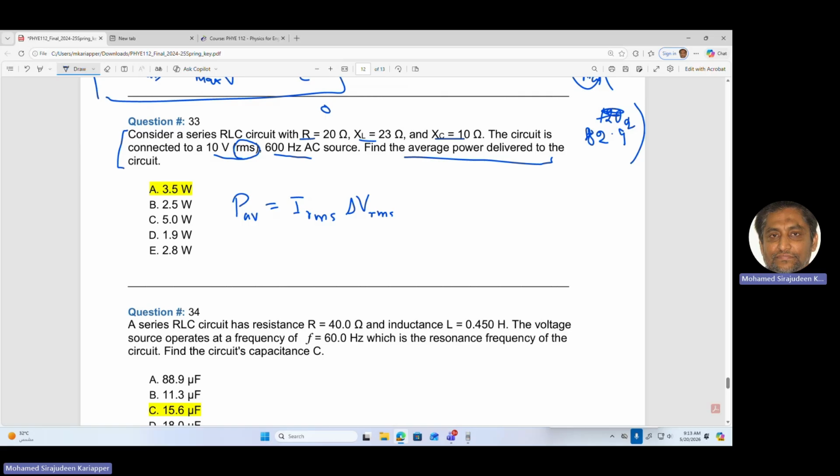That's it, right? But we don't have the current, do we? We don't have the current. So what do you do?